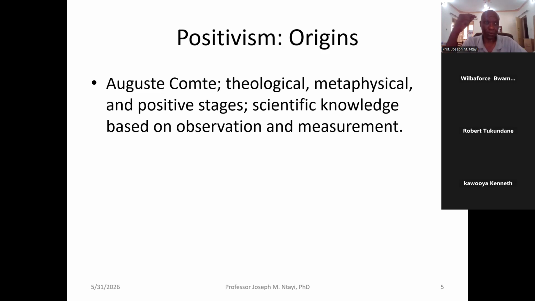So when you're talking about a statement of the problem, there must be an element of knowledge that has been documented about a particular phenomenon. And that knowledge must in one way or the other be incomplete. And that is a positivistic thinking that is highly rooted in the critical review of literature.